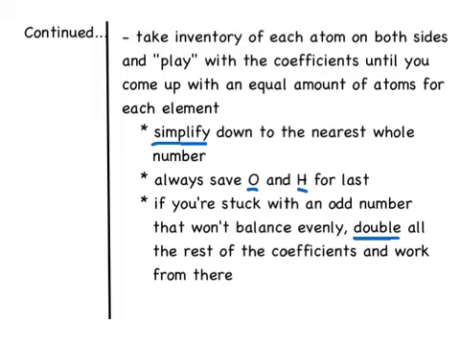So if you're stuck with one coefficient that's odd and doesn't want to balance, double all the rest of the coefficients and then you should be good. So those are some tricks that you should write down before you get to the next slide. The next slide, we're going to do a couple of examples together so that you're ready to go tomorrow in class.